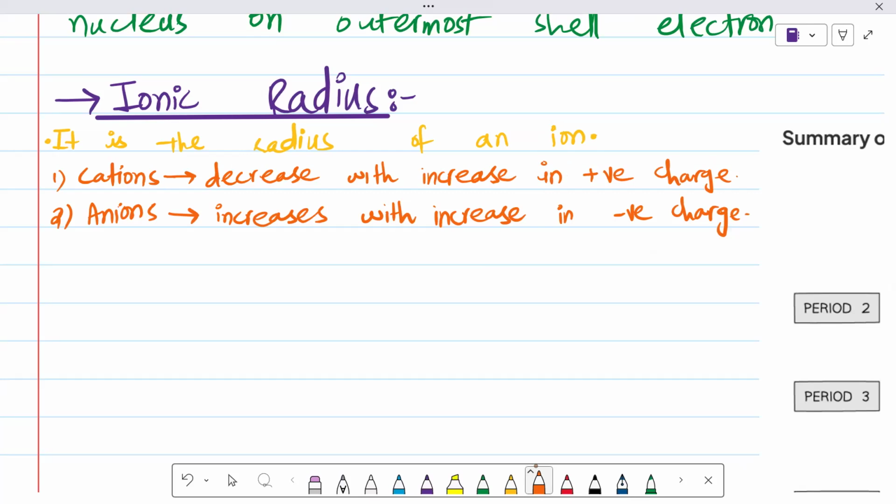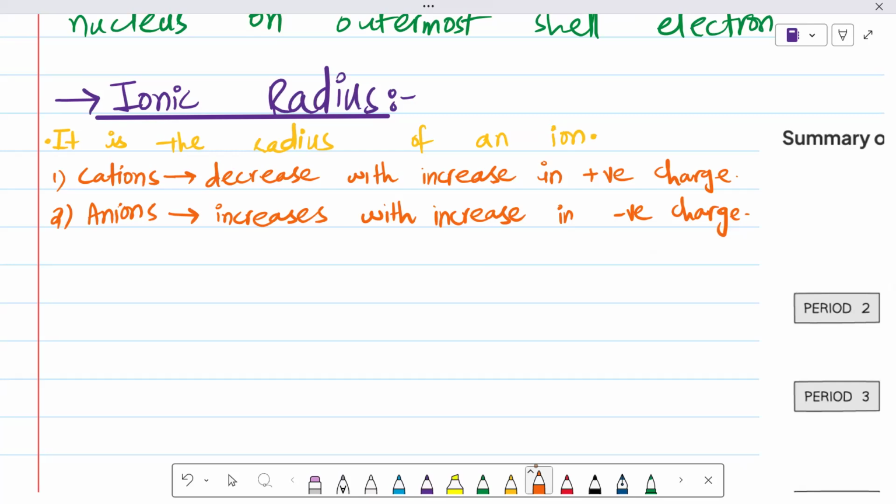Okay. Now when we talk about the negative ions, we say that negative ions are formed by accepting the extra electrons, right? You have an atom, that atom accepts some extra electrons, and those electrons are added to its shells. What will happen?